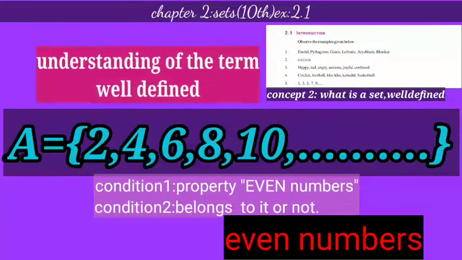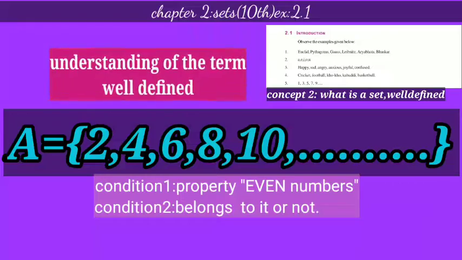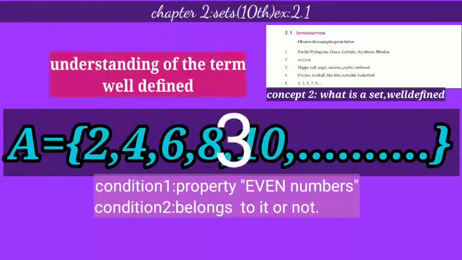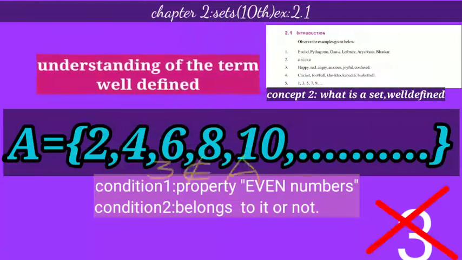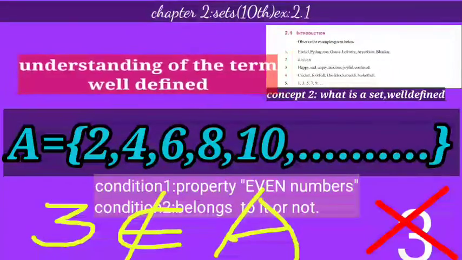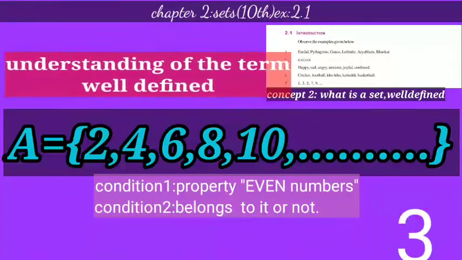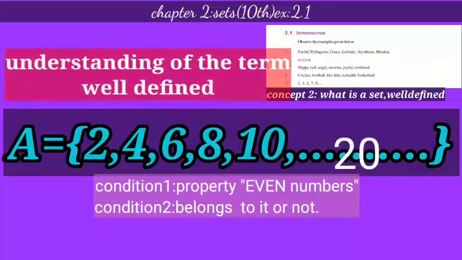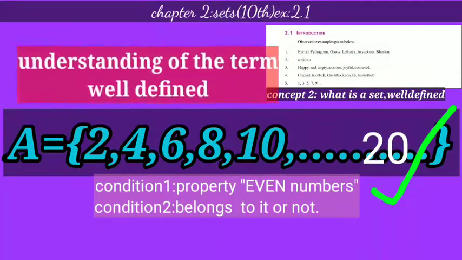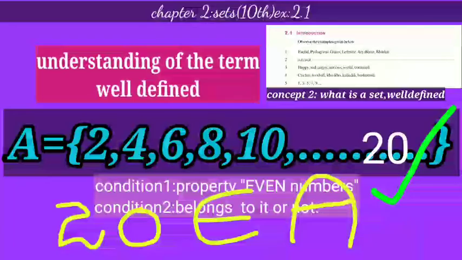When I bring the number 3, can I place it in the set? No, exactly not, because 3 is not an even number. When I take 20, can I insert it? Yes, exactly. 20 is in that set because 20 is an even number.